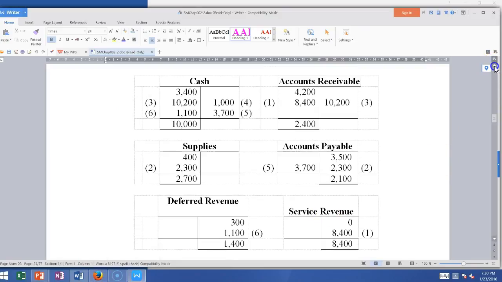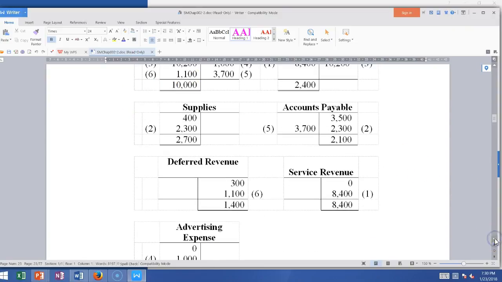So, do you see our cash gets debited for $1,100 and our deferred revenue gets credited for $1,100. Here's a question. I got confused on the homework when I was reading about unearned revenue and deferred revenue. Same thing. Right now, same thing.